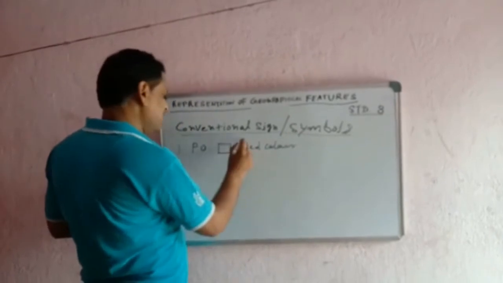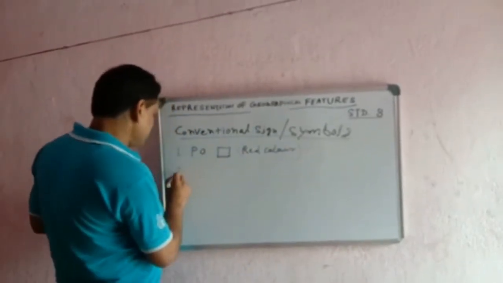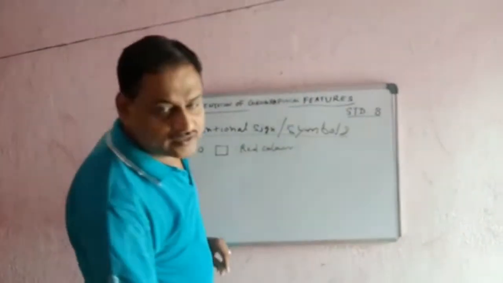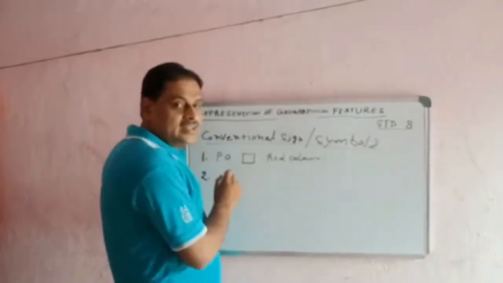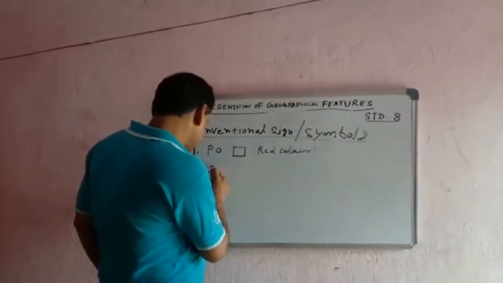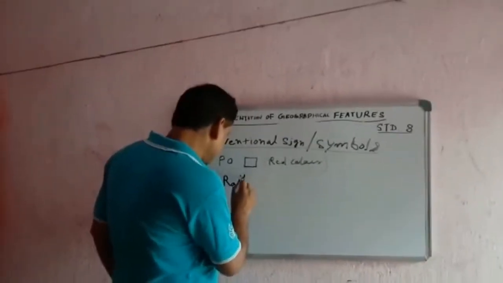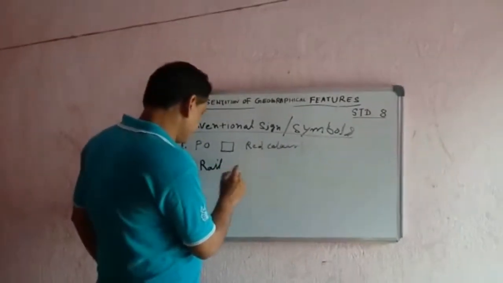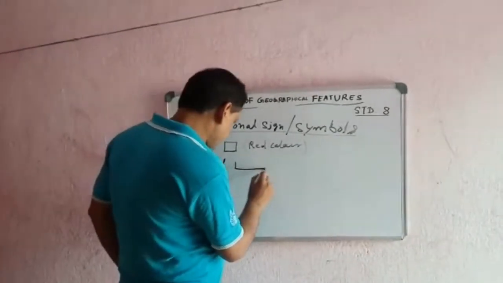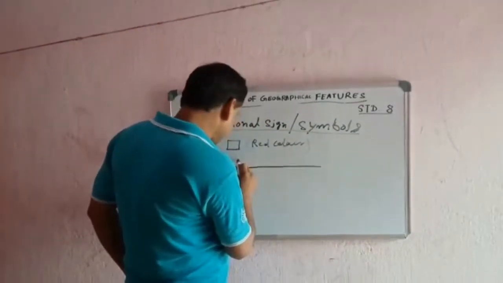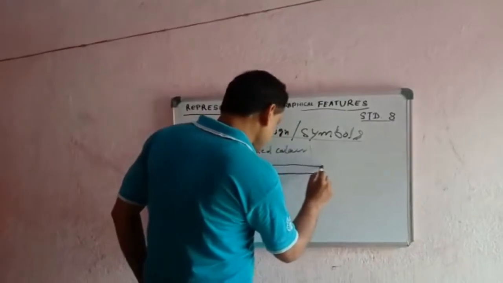Second, have you seen the broad gauge railway line? You can say rail or railway, whatever. You have to use black and white color to draw this.